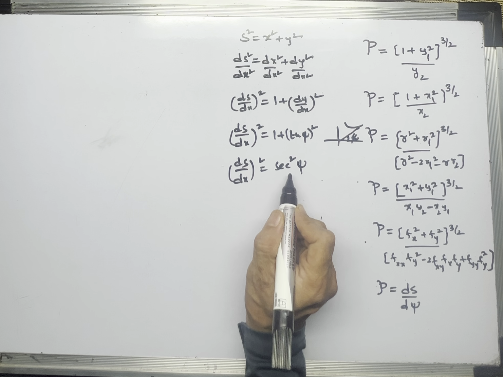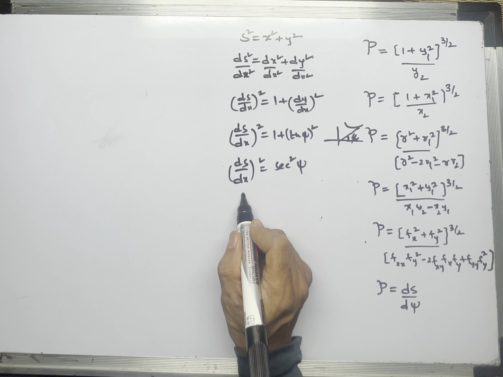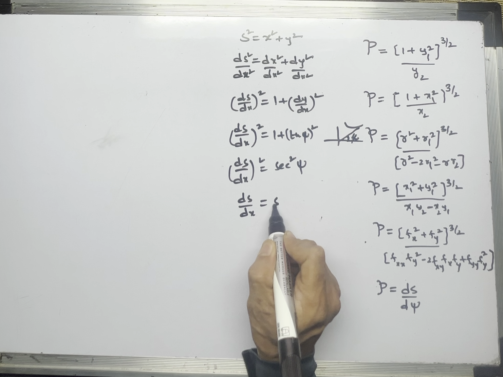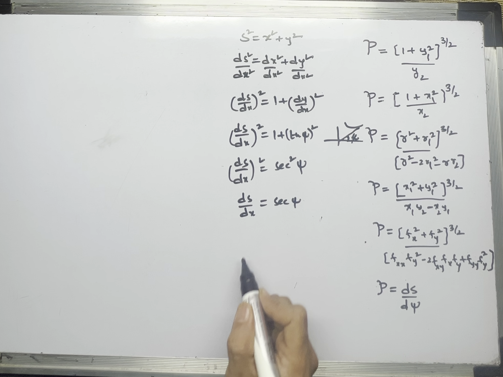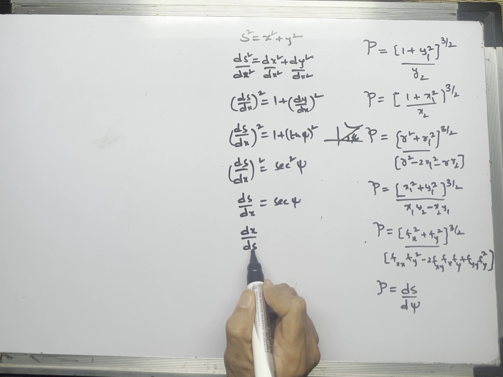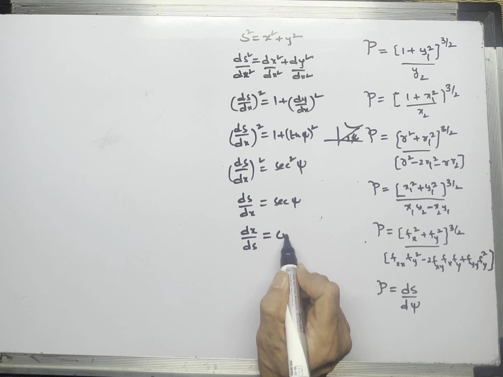Now if we have secant square psi, both are having squares, so squares cancel, ds by dx equals secant psi. If I inverse this, what I get is dx by ds equals cos psi.